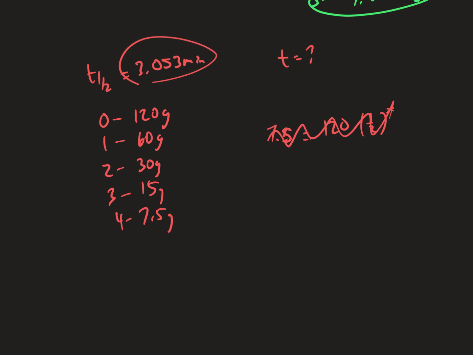So how much time has gone by? 4 multiply our half-lives. You with me? What is that? 12.2. 12.2 minutes. 12 point what? 12.212. Okay, that's good enough. Does that make sense, guys?